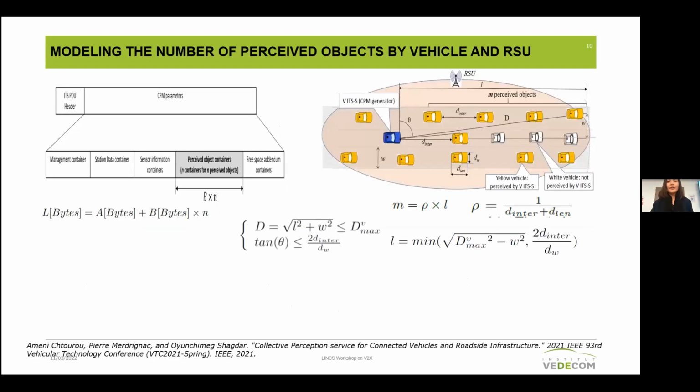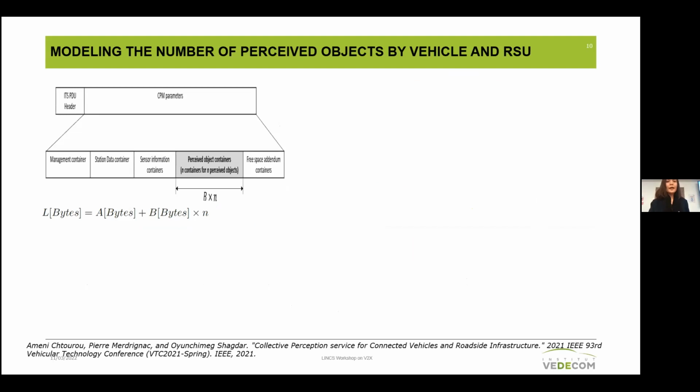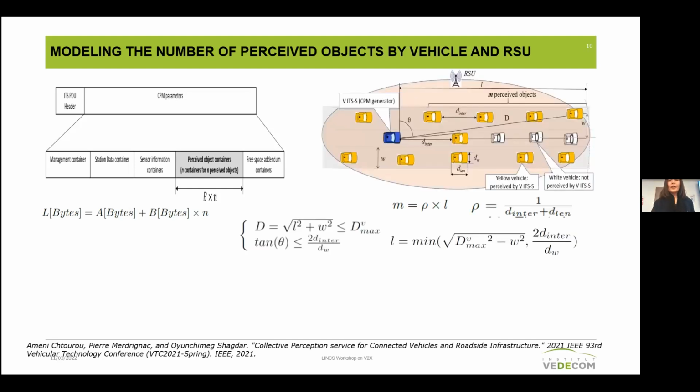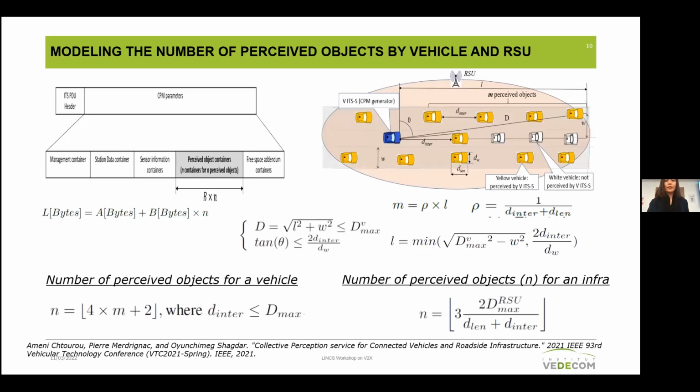So in this scenario, what we are interested in is how many perceived object containers the vehicle will put in the CPM and how many the roadside unit will put, basically the N in the CPM. Then with a simple geometrical calculation, we find N for the vehicle and N for the roadside unit. Here the max is the sensor coverage of the vehicle if it's line of sight.